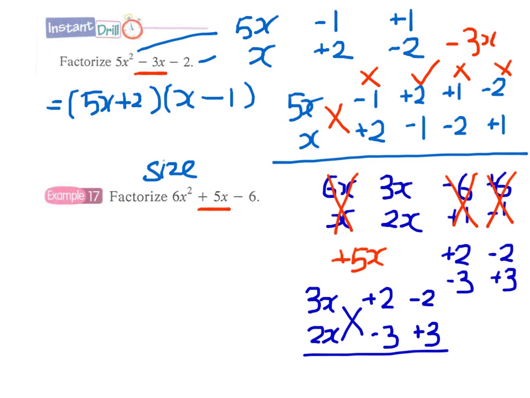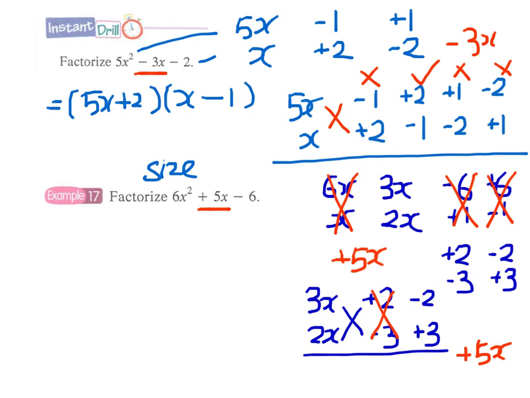And then we can obviously see that this one does not work for us. And the second pair, 3x times plus 3, we have 9x, and then 2x times minus 2, we have minus 4x. Therefore, 9x minus 4x give us plus 5x.